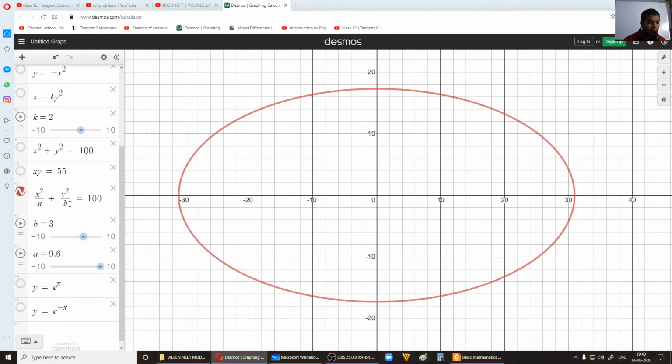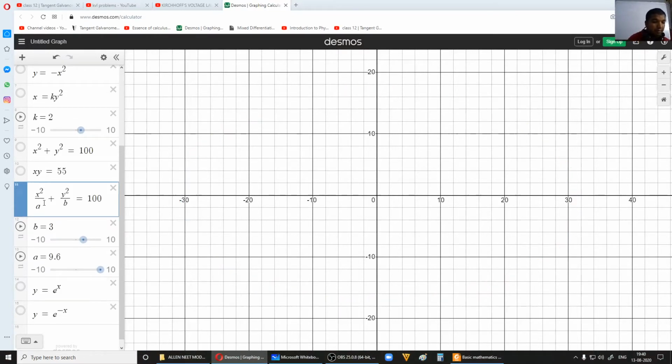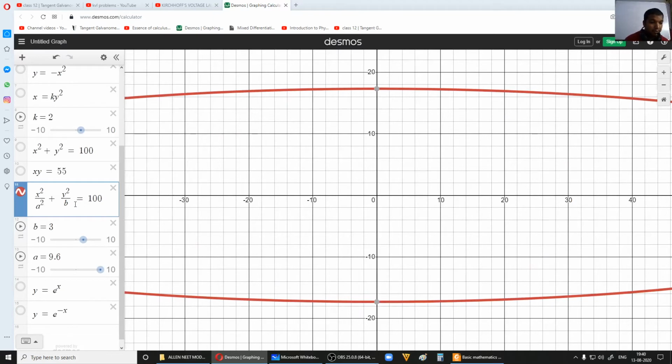Here I had taken b, so a small correction here. Everything you have written is right, this is actually b square.